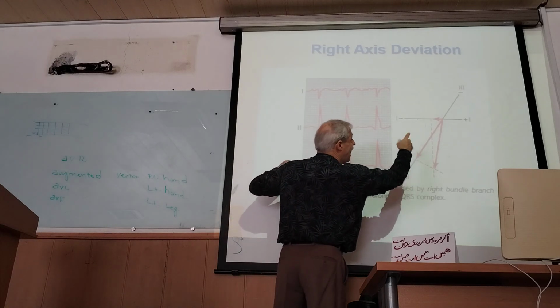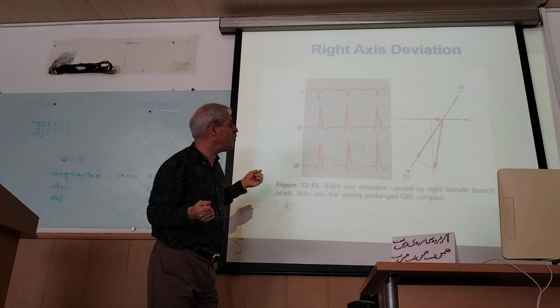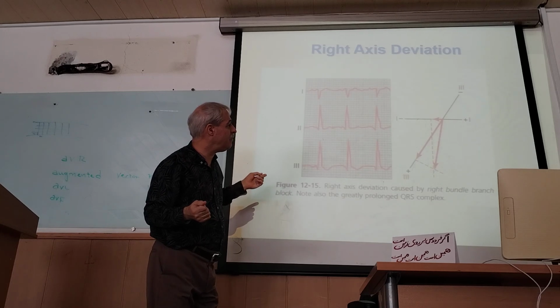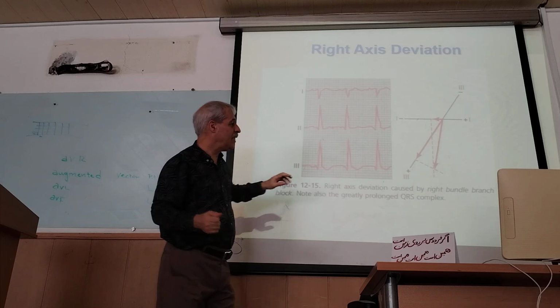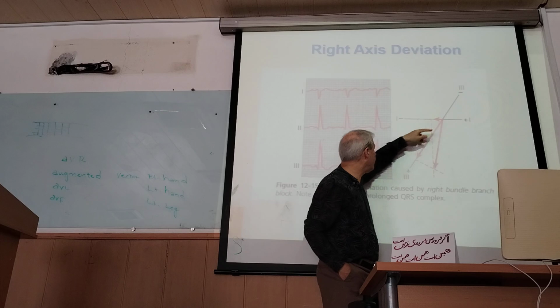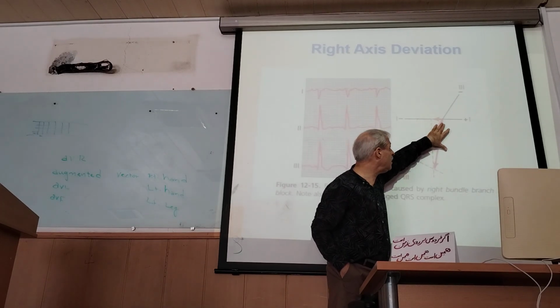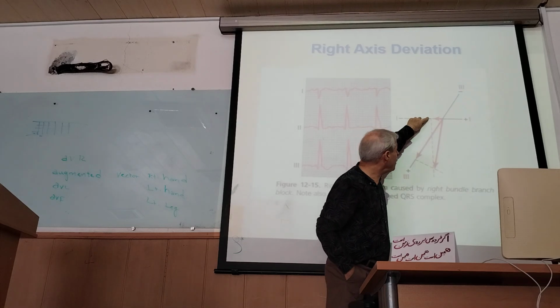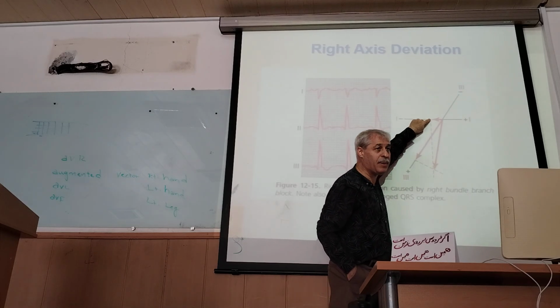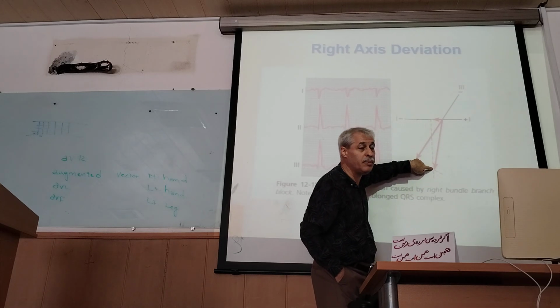Now here in this example, let me see what is happening. Lead 1 is negative. This is lead 3 and lead 1. This is the amount of QRS net deflection in lead 3, and this is in lead 1.